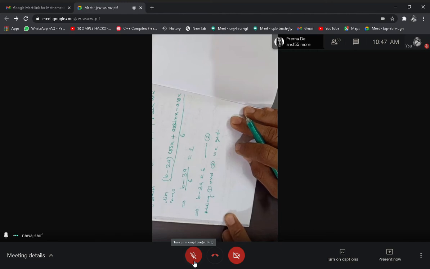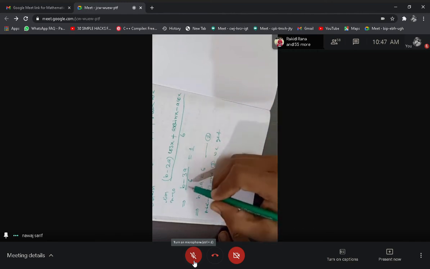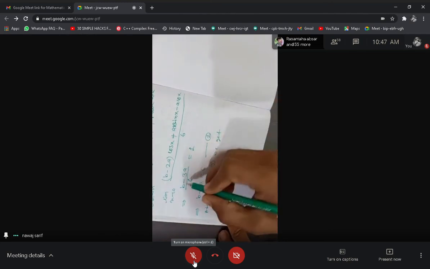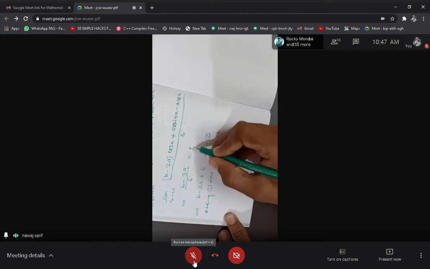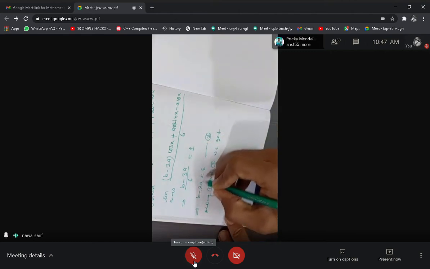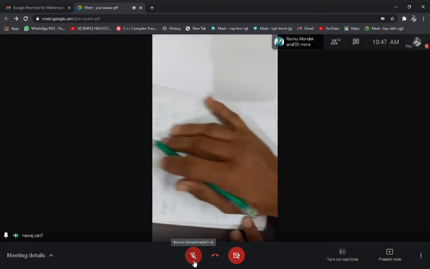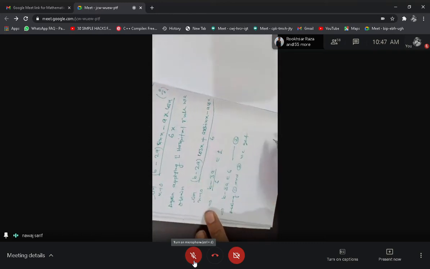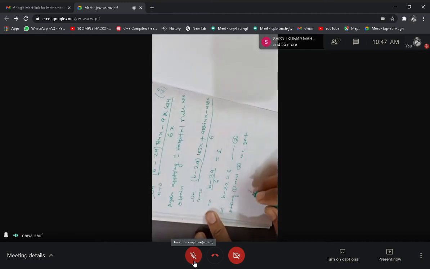So b minus 3a by 6 is 1, because limit of this function is given that this limit is 1. That means b minus 3a is 6 and your equation 1 is 1 plus a minus b equal to 0. So just solve these two equations. If you just add 1 and 2, then b vanishes.